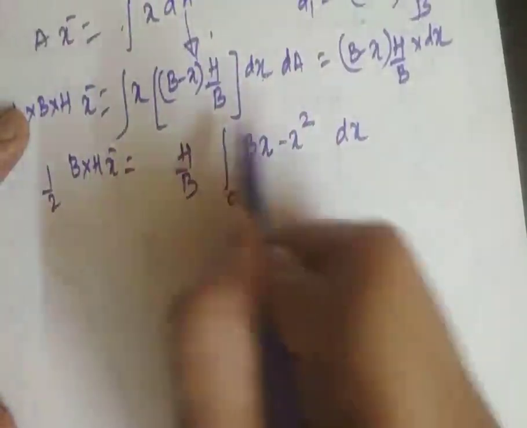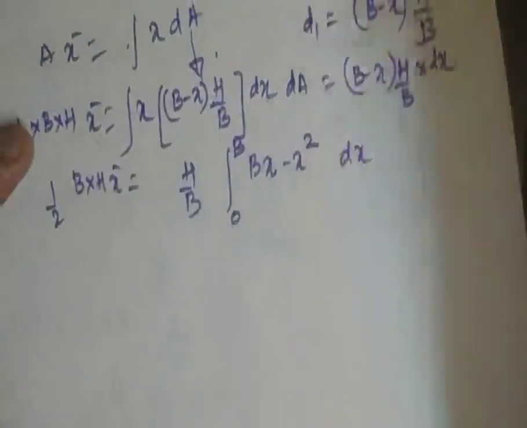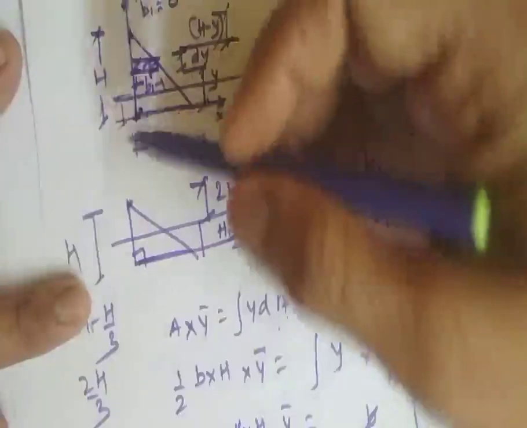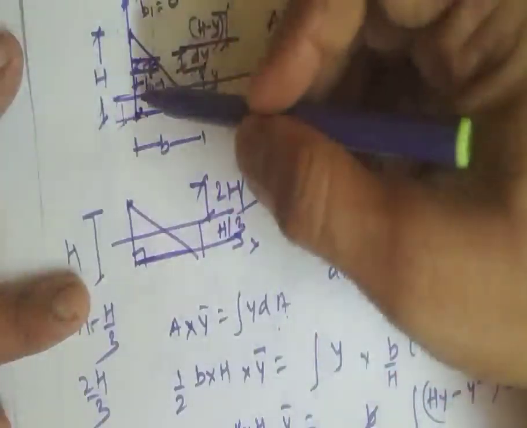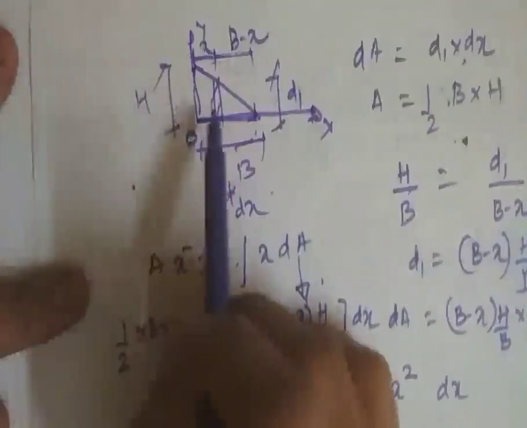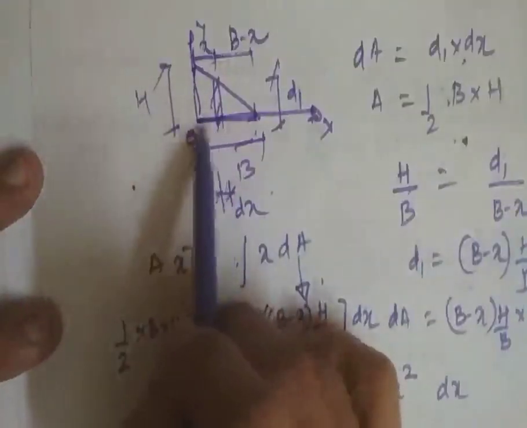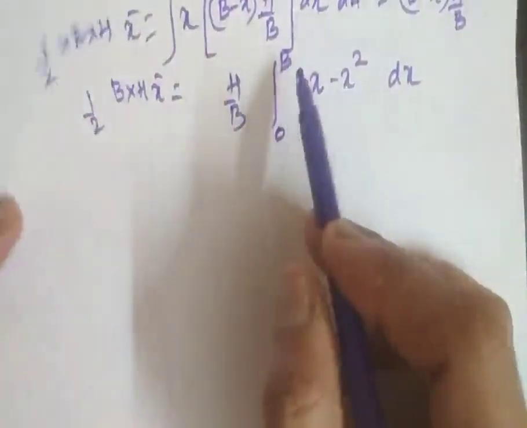So the x limit will be 0 to b. On the other hand, the y limit was 0 to h, as it was proceeding along the vertical direction, whereas here the traverse of this elemental strip will be along the horizontal direction. For that reason, the limits will be 0 to b.